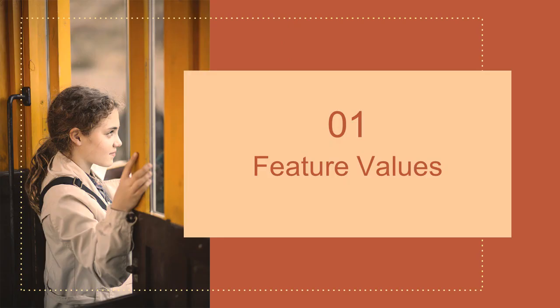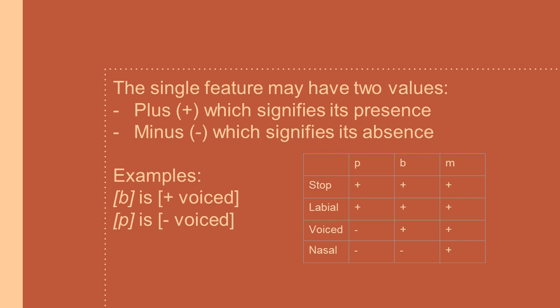And next, we're going to move to our first topic, which is feature values. A single feature may have two values: the symbol plus, which signifies its presence, and minus, which signifies its absence. For example, b is marked as plus voice, which means it is voiced. P is minus voice, which means it's voiceless.